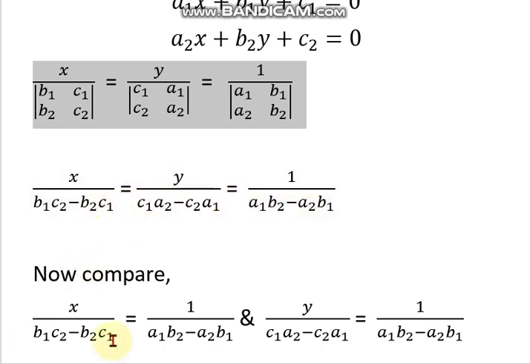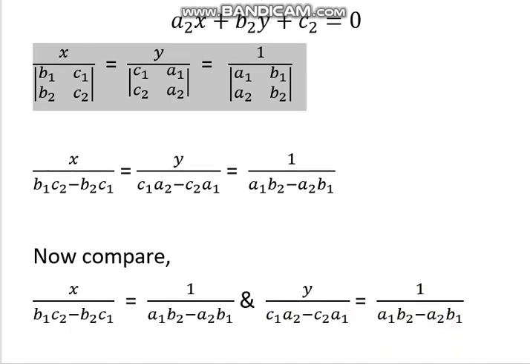So x upon b1 c2 minus b2 c1 equals 1 upon a1 b2 minus a2 b1, and y upon c1 a2 minus c2 a1 equals 1 upon a1 b2 minus a2 b1. Comparing x upon b1 c2 minus b2 c1 with the constant term, we can find the value of x. Similarly, y upon c1 a2 minus c2 a1 equals 1 upon a1 b2 minus a2 b1 will give you the value of y.